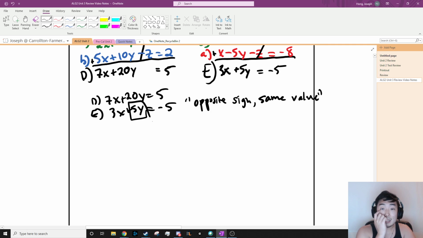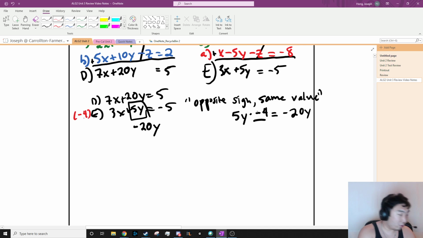So I want to make this become negative 20y. So 5y times something is equal to negative 20y, and this something right here is negative 4. So what happened was, I multiplied everything here by negative 4. And I just drew that in a different color to really show you that.